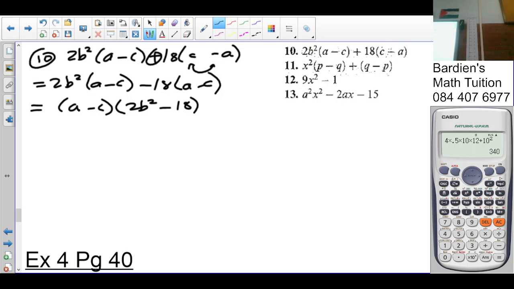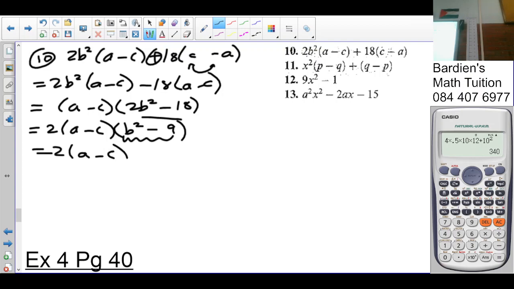Now what? Common factor on this bracket here, which is 2. So I'm left with a minus c, b squared minus 9. Do I stop there? No. Difference between two squares, so it's 2 into a minus c, b plus 3, b minus 3.